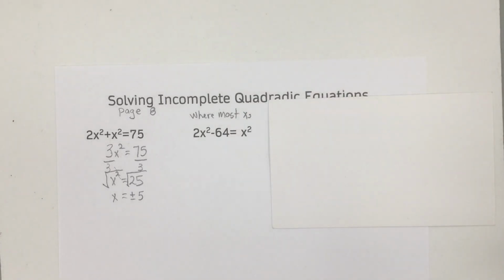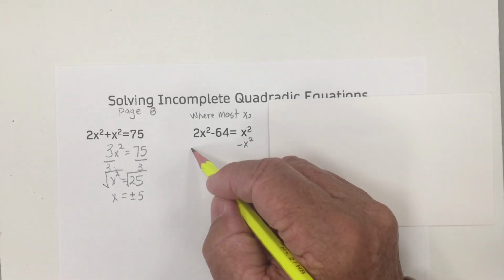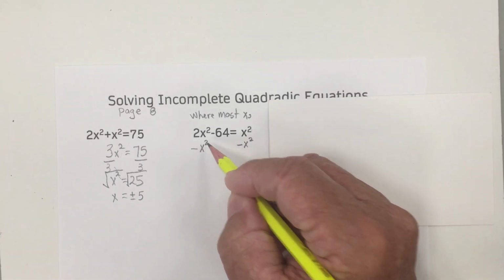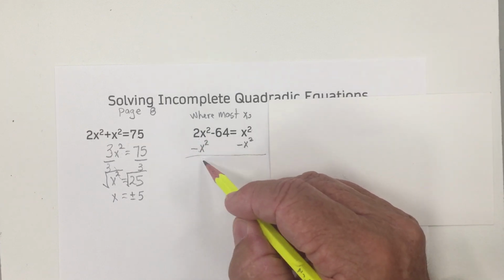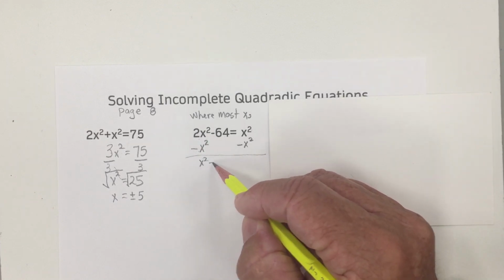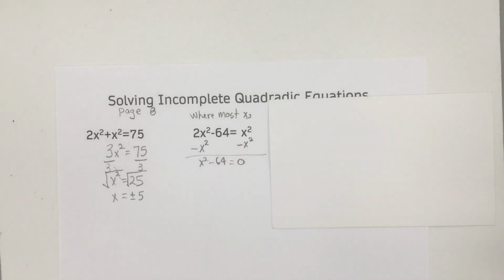Okay, where are the most x's? Most x's are over here. So that's okay. If we have the negative 64, we'll take care of that later. So we're going to subtract x squared over here and bring it over here to this side. So now we have 2 take away 1 is x squared minus 64 equals 0. That's all right, not a problem.